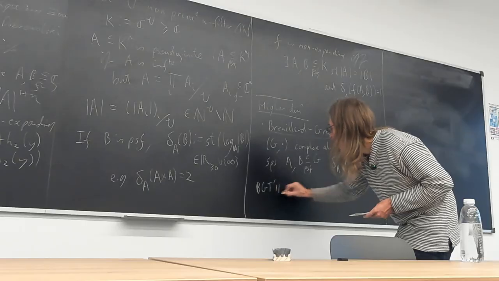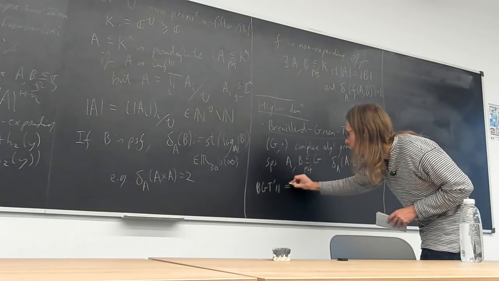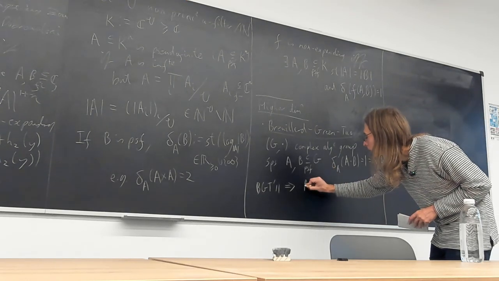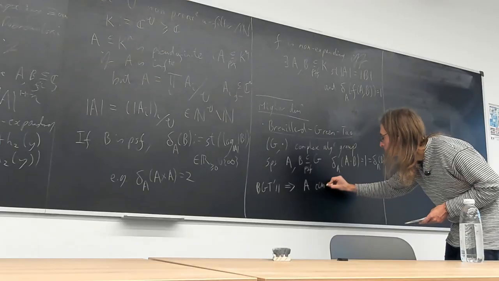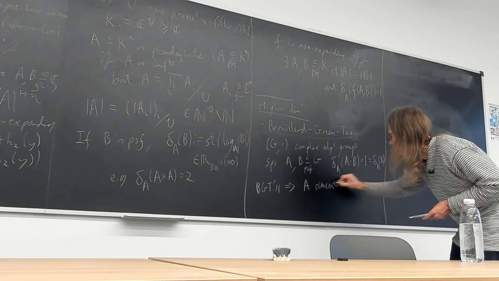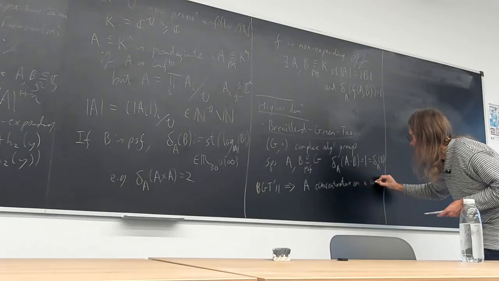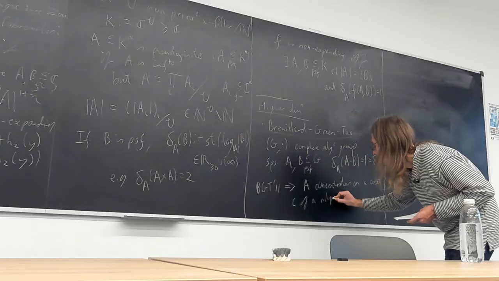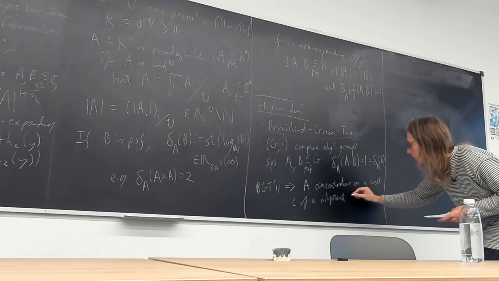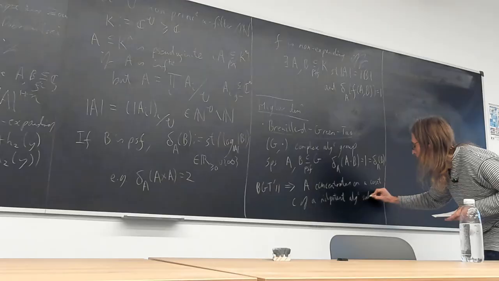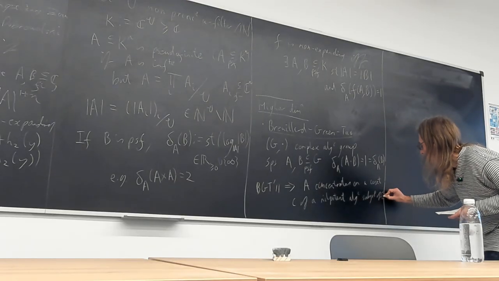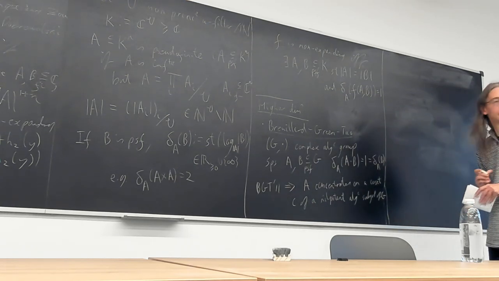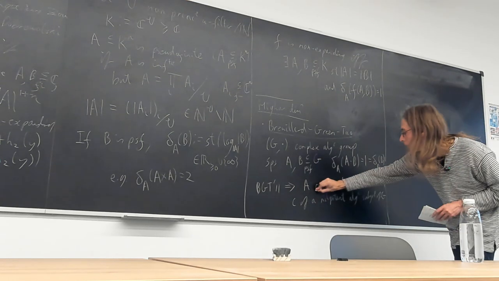Then this result on approximate subgroups yields that A concentrates on a coset C of a nilpotent algebraic subgroup of G. What do I mean by concentrates on?